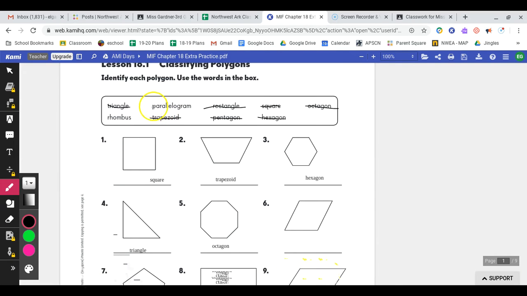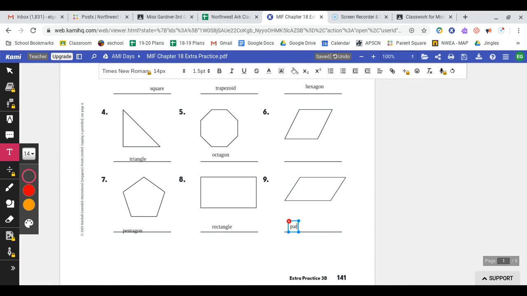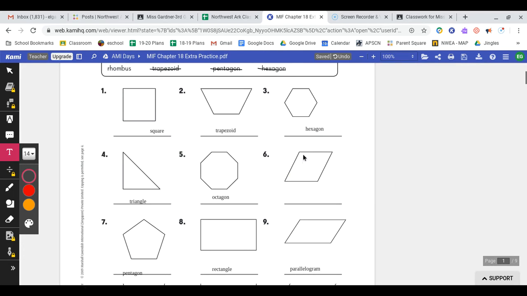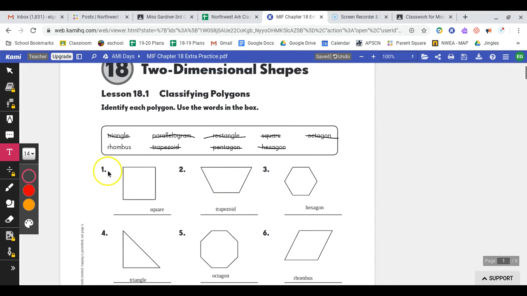A parallelogram is a quadrilateral that has 2 sets of parallel lines. A rhombus is a special type of quadrilateral and a special type of parallelogram that has 2 sets of parallel lines, and it also has 4 sides of equal length. Okay, so we used up all of the words.